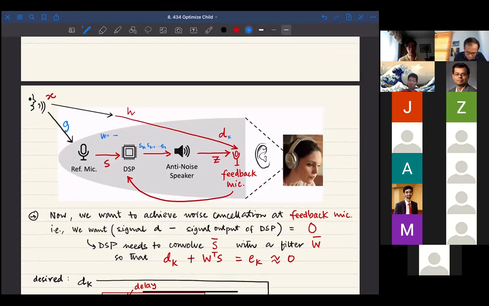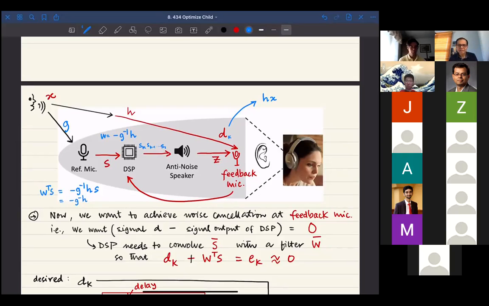Minus W equals minus G inverse H. So look, dk is essentially H of X. Now, WTS is nothing but minus G inverse H S. Once W has converged to minus G inverse H, so minus G inverse H and now times S. Now S is nothing but, what is S, guys?